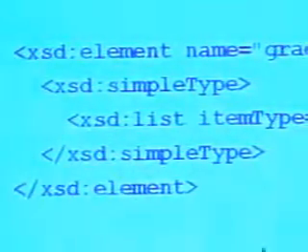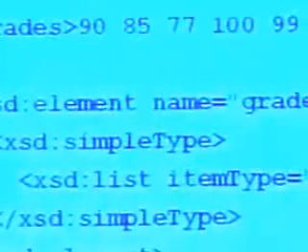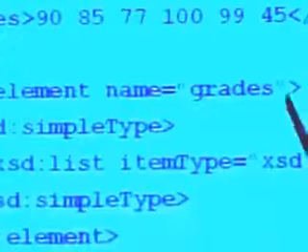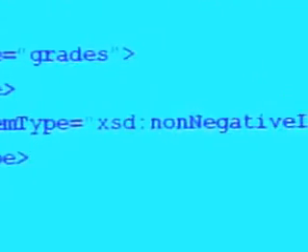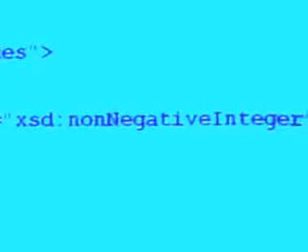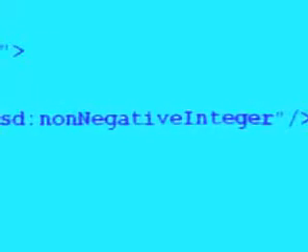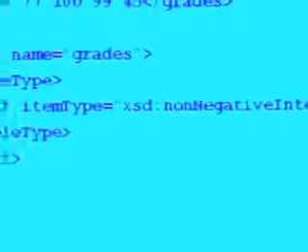And a list is demarcated by one or more instances of white space in between all of the values. So all this is saying, if you define grades with this schema here, is that every grade is a non-negative int, and you just have to separate different ints from each other with some amount of white space. Otherwise it will be parsed one after the other, checked whether it's an int by the schema processor, and if so, you're good to go.